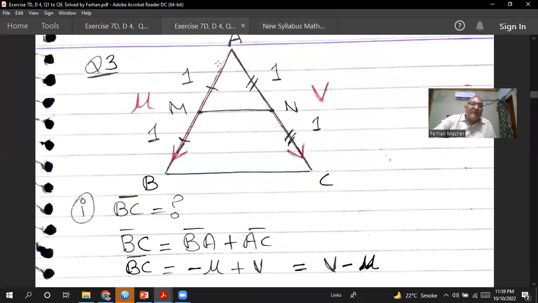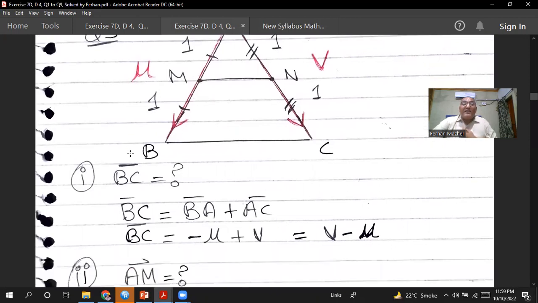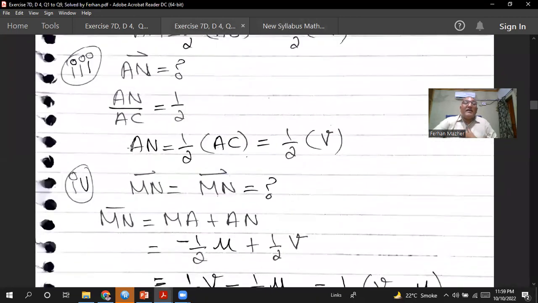The next question they want us to find out is AM. So they want me to find this portion. I know the value of this whole line, AB, and I want to find the value of a small portion of this line. And I know the ratio of the cutting here. The trick is very simple.